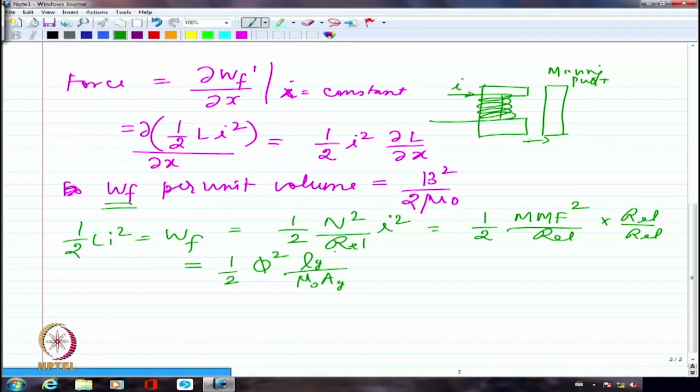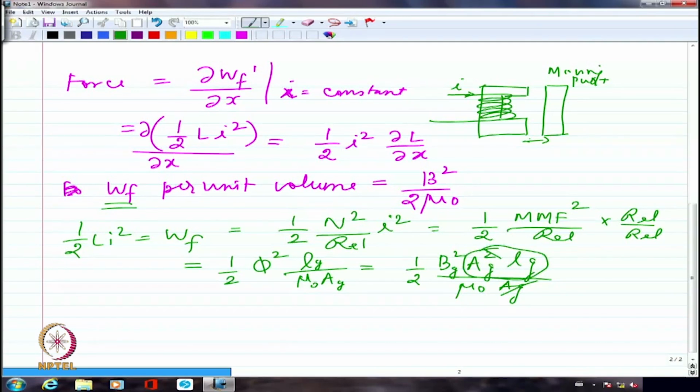So I should be able to write this as half B square AG square LG, where B is the flux density in the air gap, divided by mu naught AG. So this AG and this AG get cancelled. I am going to have AG times LG, which is actually the volume.